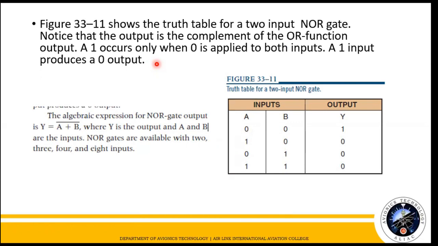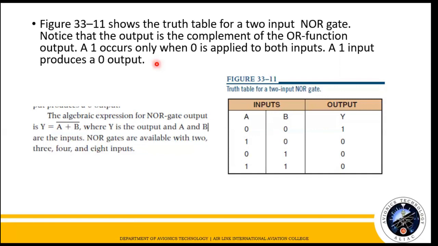So as you can see dito sa may figure, sa NOR gate na may two inputs, okay, the input A and B is when 0 and the input 0 and 0 is equals to 1, and the input 1 at A and the input 0 at B is equals to 0.